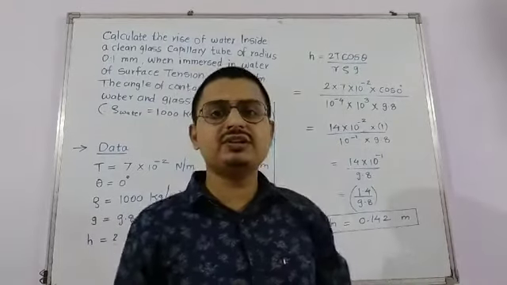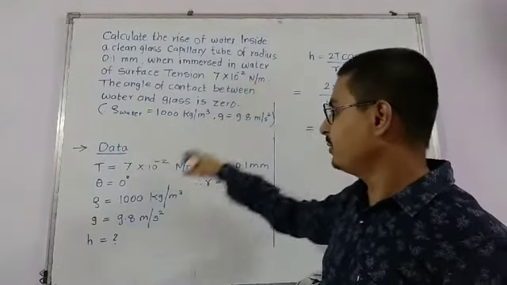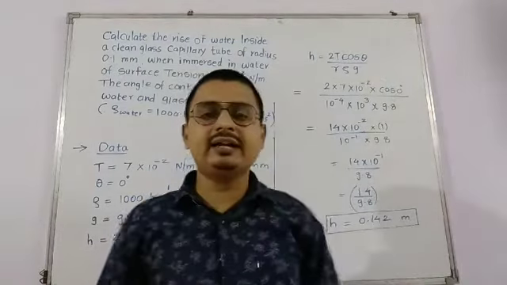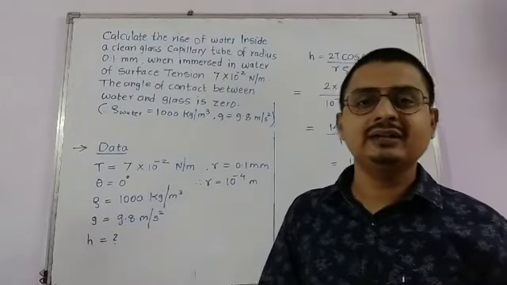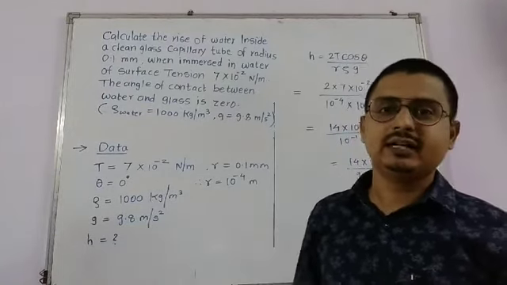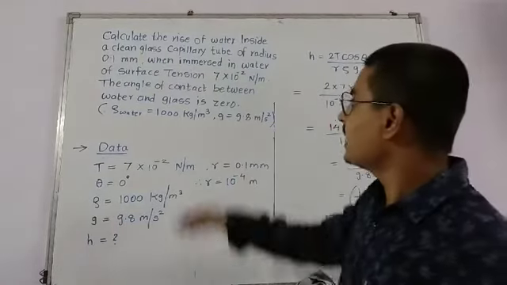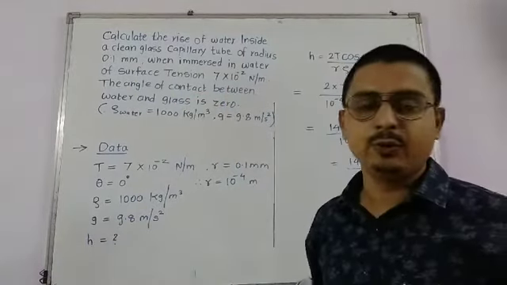T is the surface tension of the water that is given, 7 into 10 power minus 2 Newton per meter, so we state it here. Then cos theta, that is the angle between the free surface of the liquid and the surface of the solid, that is water and the container, whose angle is given: the angle of contact between the water and glass is 0.